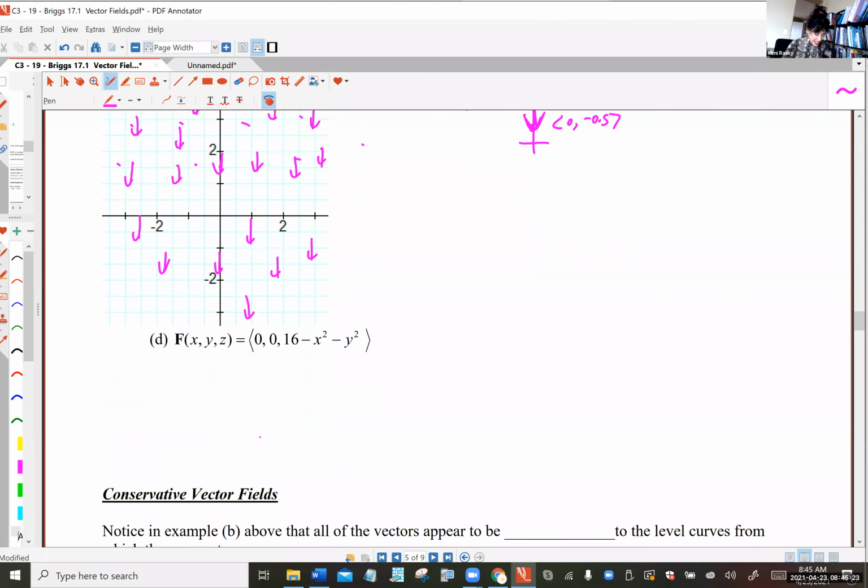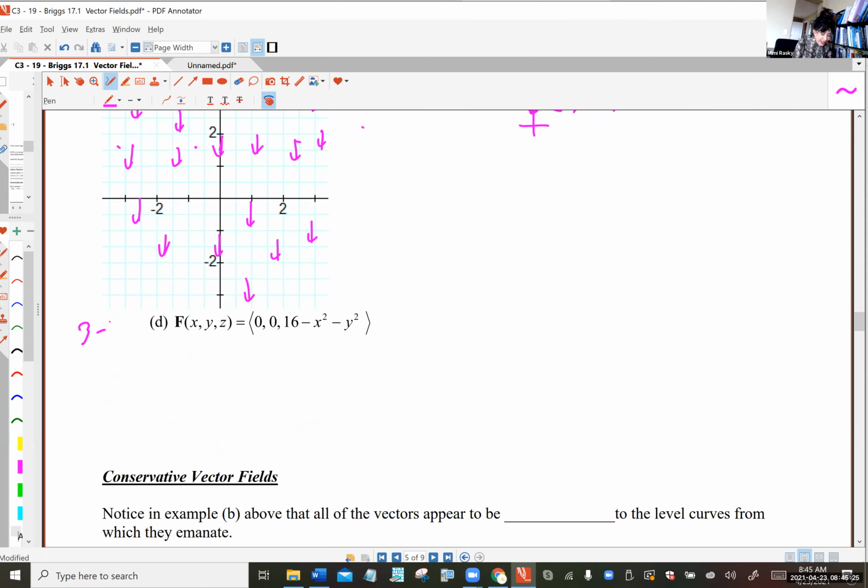Now, the last example is a 3D vector field, and I'm not going to really ask that you graph 3D vector fields, and neither is my math lab. But this one's kind of interesting in that it's got a quick and dirty look to it, in that the first 2 components are 0. So the only component you worry about in 3D here is the z component.